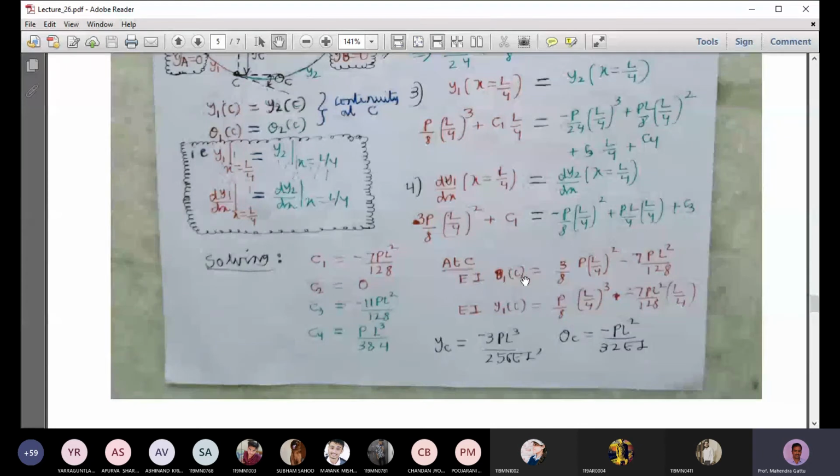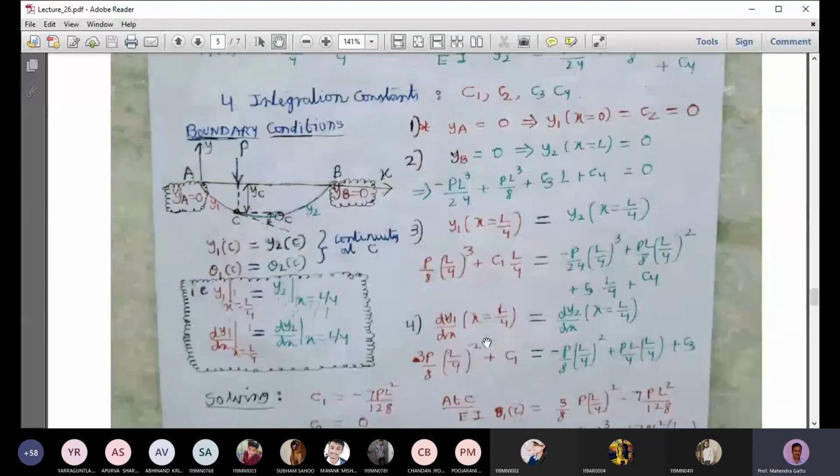So we are calculating theta 1 of C and y1 of C, and we are getting some values. Again y is negative and theta also is negative here, because the slope is negative and the deflection is below the x-axis, so it is a negative value.